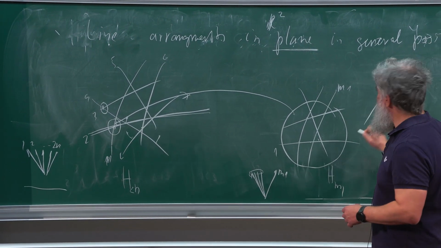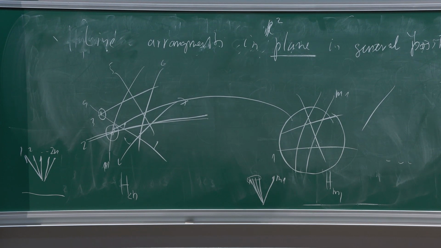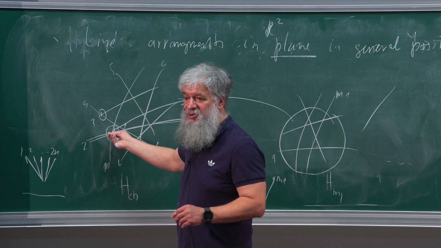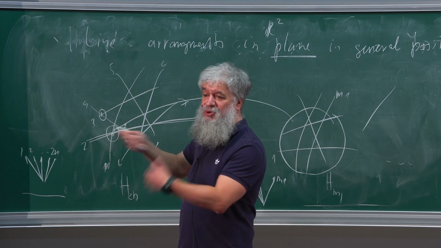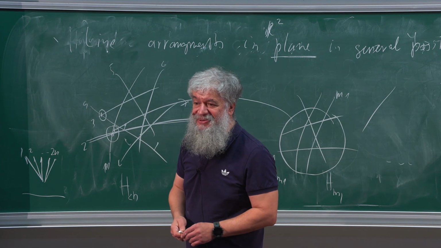But why do you have 2n and not just n? Because in order to replace, you have to take two lines. You have to withdraw 2 lines and insert something instead of 2.